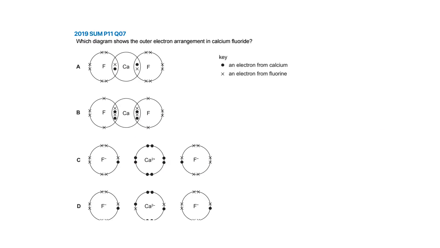The question is, which diagram shows the outer electron arrangement in calcium fluoride? Now, there are 2 types of bonding generally. One is covalent. The other one is ionic. Covalent only occurs between a non-metal and a non-metal.